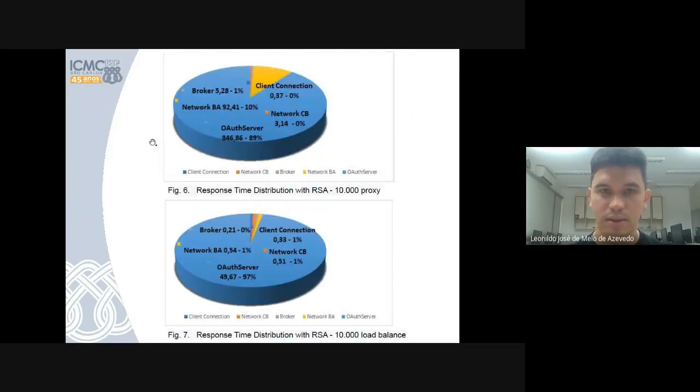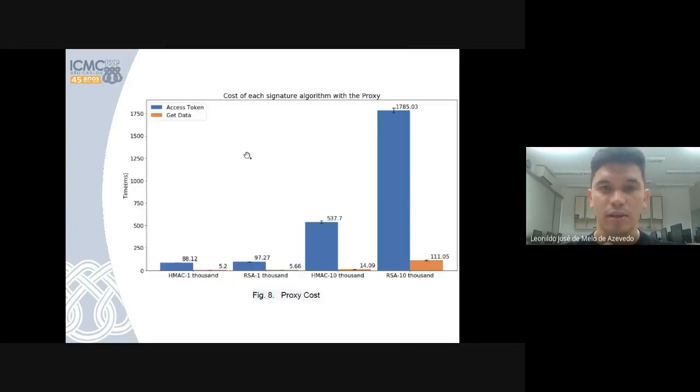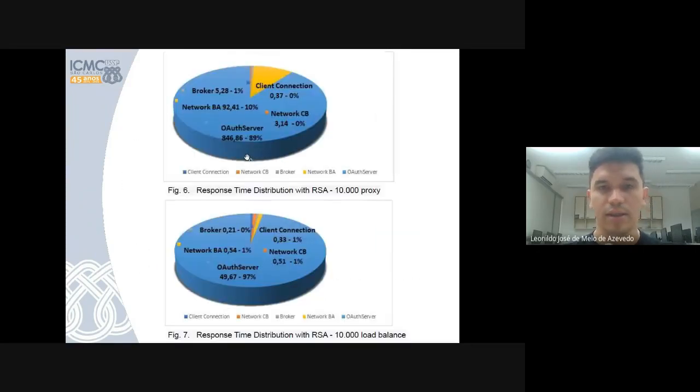The important is this graph where we identified the bottleneck. We can see the API, the authentication server in this case, plus the database, took almost 90% of the total time.